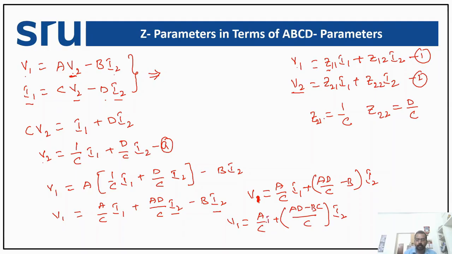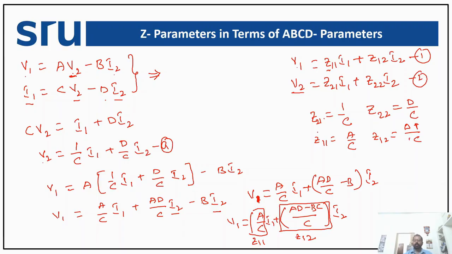So this will be my which term? This will be my Z11, and this, the determinant of the A matrix, the transmission matrix, divided by C, is nothing but Z12. So my Z11 will be equal to A by C and Z12 will be equal to the determinant of the ABCD matrix divided by C.